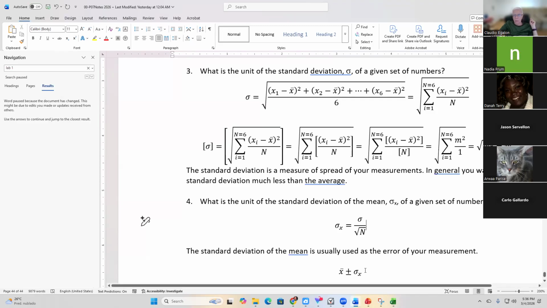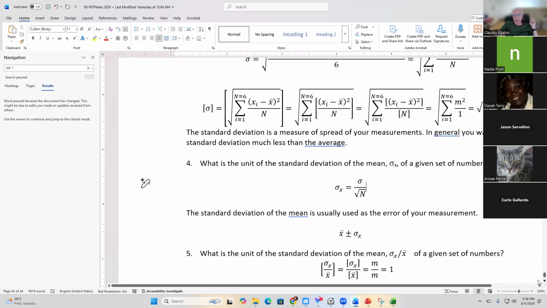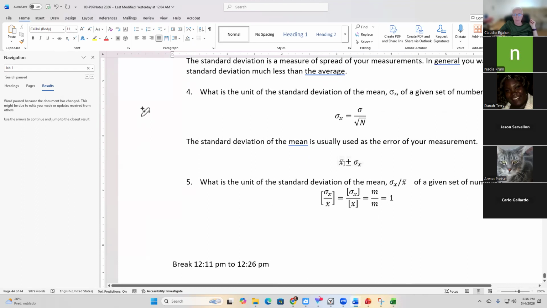So if you're going to write down the value of a given measurement, of an average of a given measurement, you write down the average plus and minus the standard deviation of the mean. So go ahead, check what would be the unit for this standard deviation of the mean.